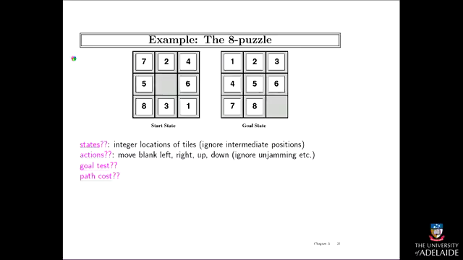The possible actions. Well, a nice way of abstracting the actions: I said the possible actions are you could move 3 up, you could move 6 to the left, you could move 5 to the right, you could move 2 down. Well, depending on the configuration, of course, it's not going to be 2 that moves down or 5 that moves to the right. It could be 7 that moves to the right. A nice way of abstracting this is to think about moving the blank. Of course, physically you don't move the blank, but this is just an abstraction.